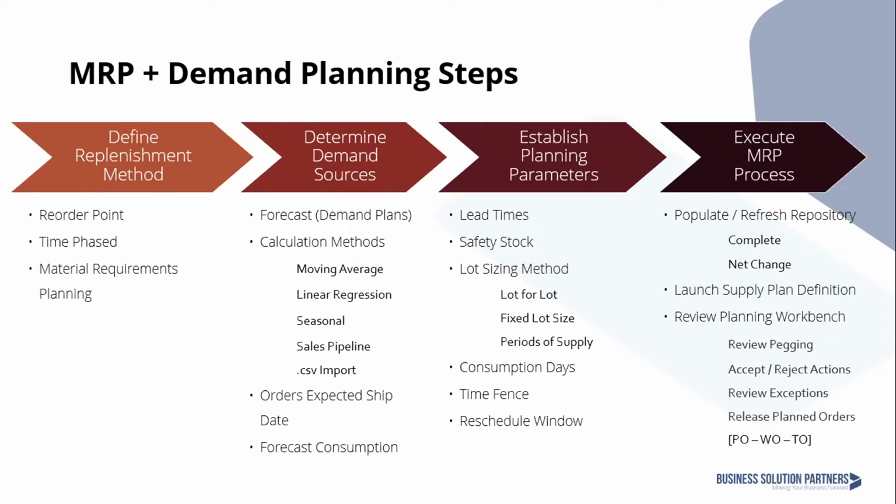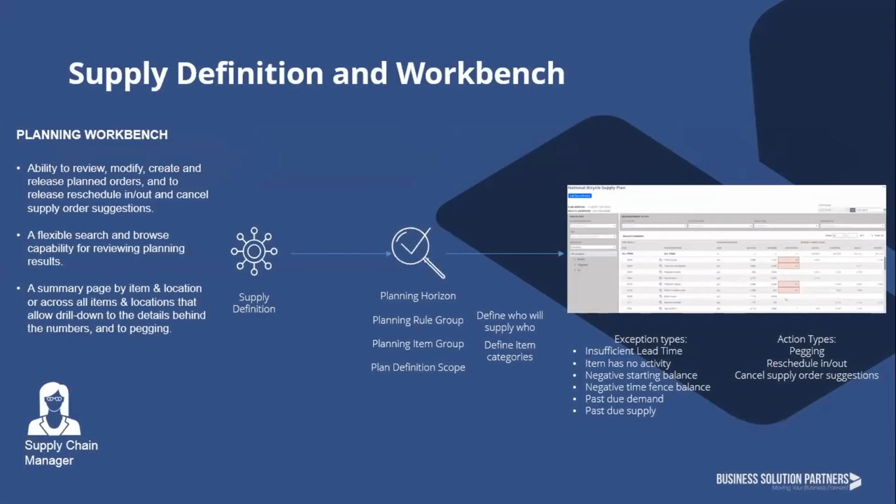Then we have these supply definitions that you can set up, and then view the results and take actions accordingly. The supply definition brings it all together, and also has a way to show you your exceptions, your actions, plus your supply and demand.